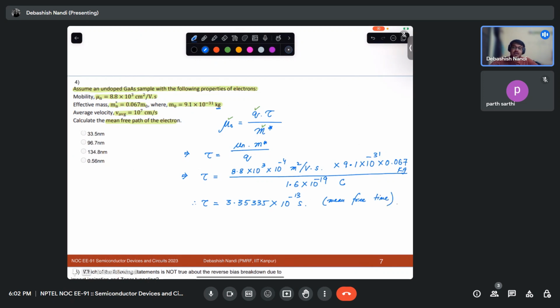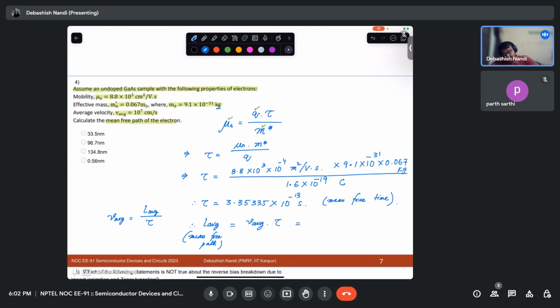So you want to find out the mean free path. Your V average is your L average by tau, so your L average, or mean free path, will be V average times tau.